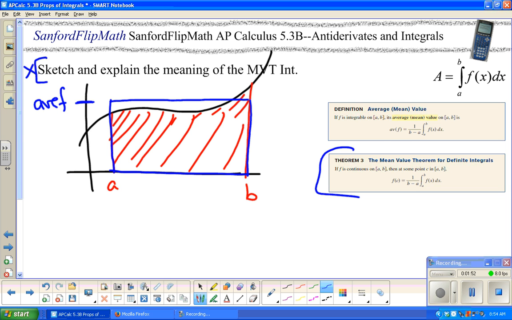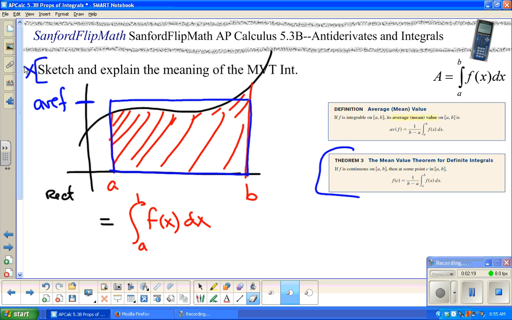So if I look at the area from a to b, the integral from a to b of f of x, and make that equal to the area of a rectangle, the rectangle would have a base of b minus a, times some height.